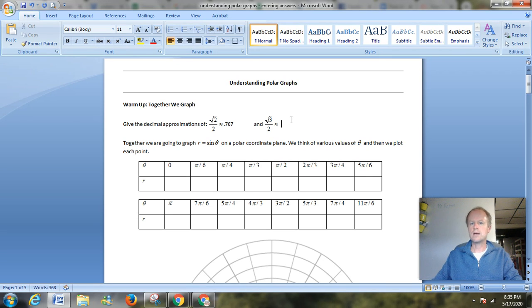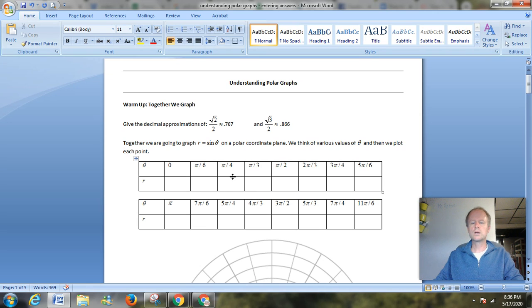And square root of 3 over 2 is about 0.866. All those are a way for us to simplify as we plot these radius lengths, because decimal values are a lot easier to plot than fractions usually.